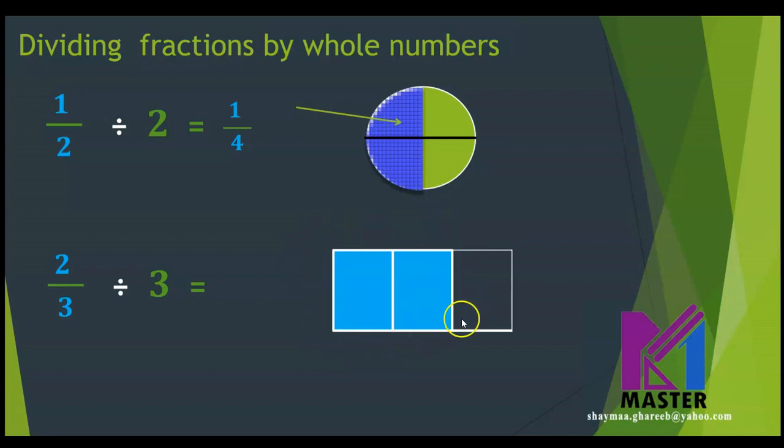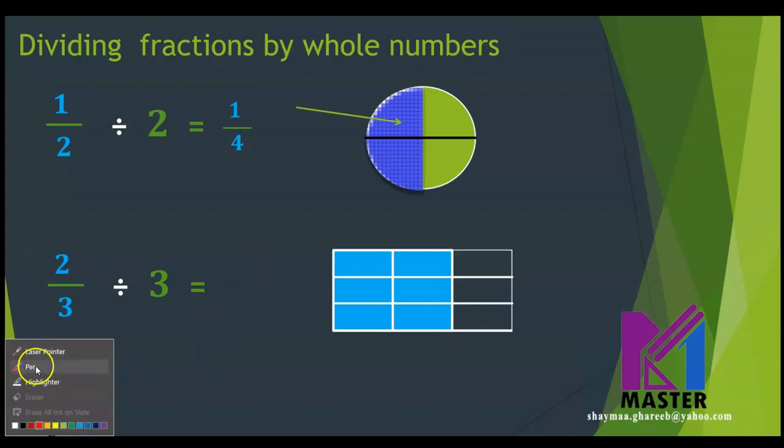Okay, now I need to divide the 2/3 by 3, which means I'm going to divide it into 3 equal parts. Now, can you see each part? So this is one part, this is another part, and this is the third part.